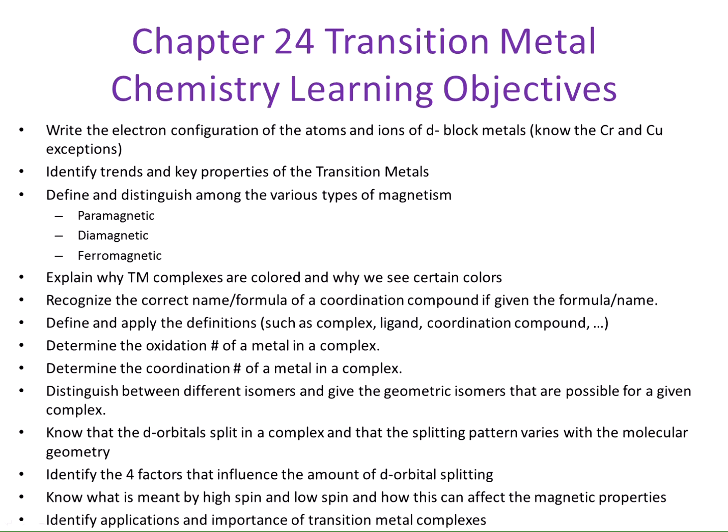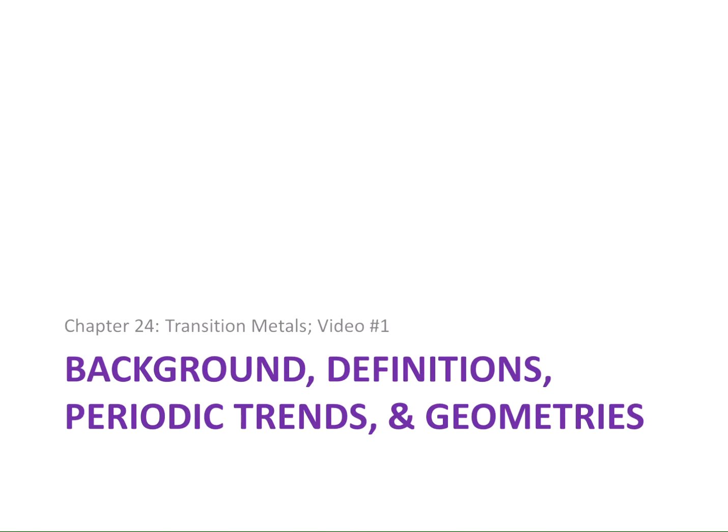And lastly, we want to identify applications and the importance of transition metal complexes. So why do we even care? In our first video, we're going to focus on the background information, giving some definitions, looking at periodic trends, and the common geometries that we see for transition metal complexes.